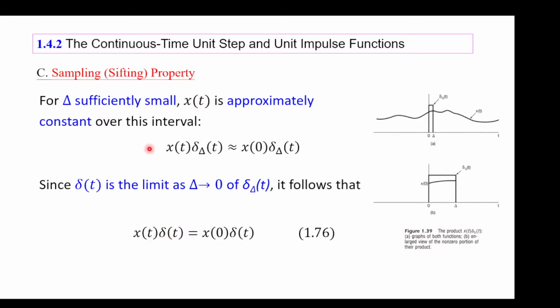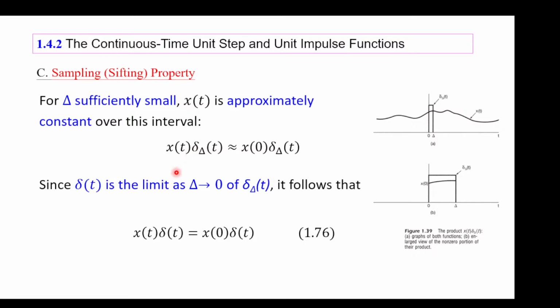In the derivation we kind of go back to this delta subscript triangle. So we think about x of t times this delta triangle function. This delta triangle function only has a value between 0 and triangle, and it has some height, with the height getting higher and higher as triangle shrinks. So we want to take the limit of triangle going to 0, so triangle becomes really small.